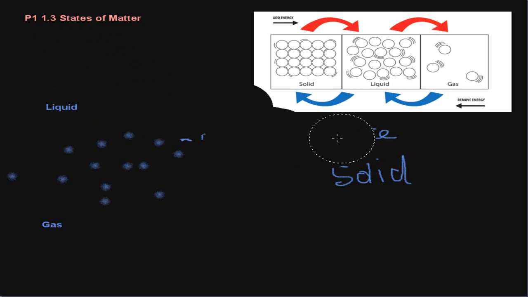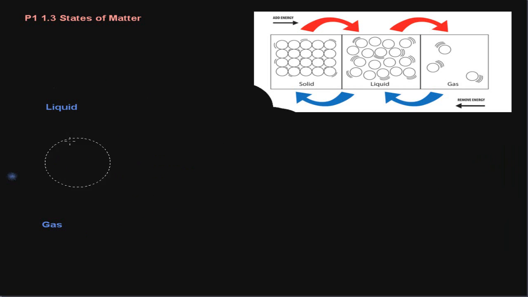Hopefully this is quite quick. You rub all that out, and let's write solid, in a red colour. Okay, so solid. Well, we'll go back to here: flow, shape, volume, and density.